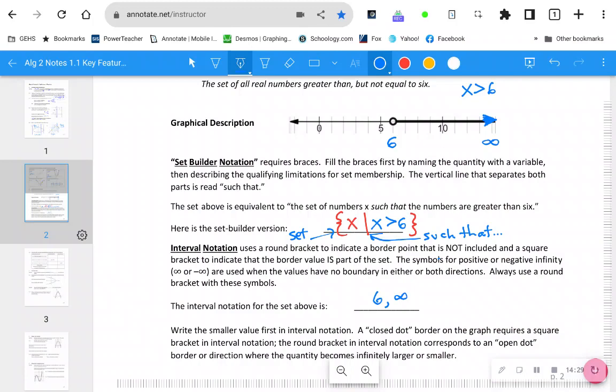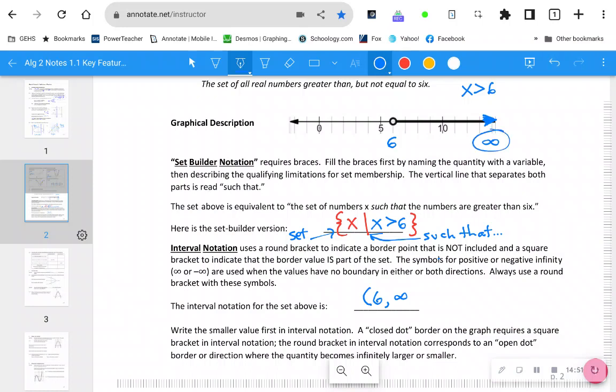Then you tell me whether it's an open dot with a parenthesis or a closed dot with a square bracket, okay? So since the 6 is not included, we're going to use the open parenthesis, and that means it's an open dot. And infinity is very slippery.